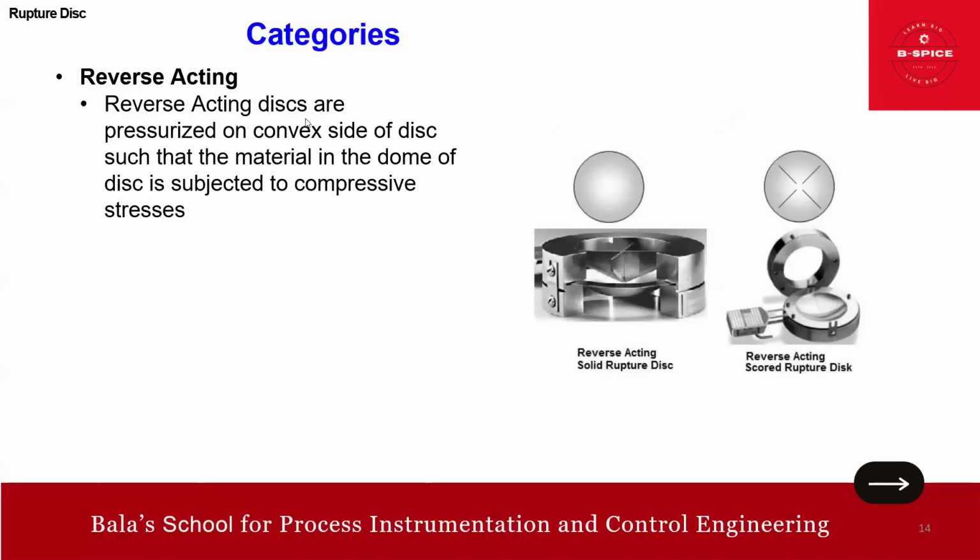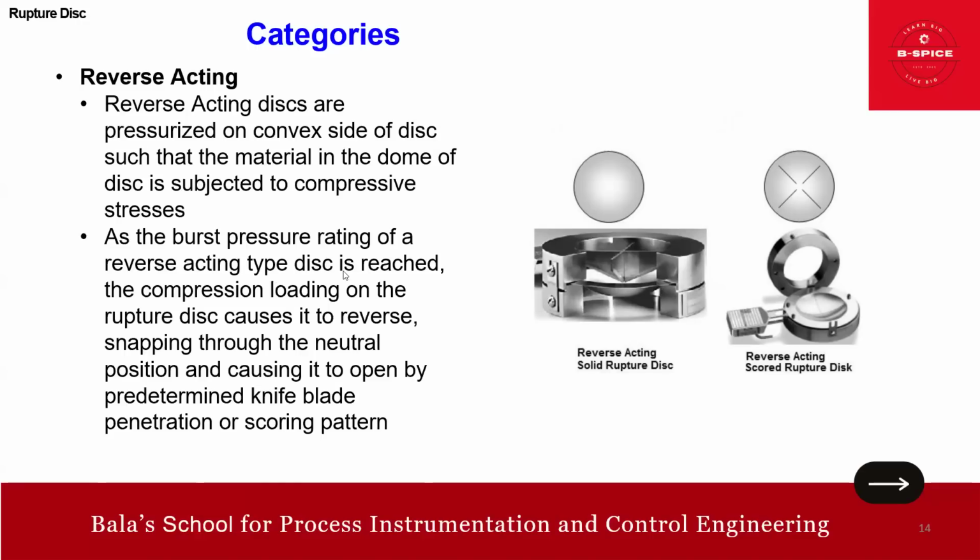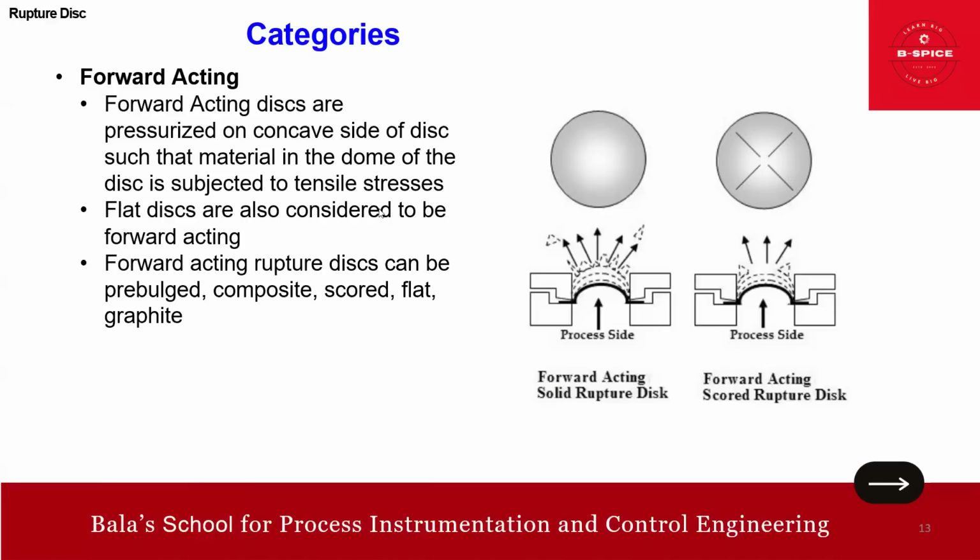The reverse acting discs are pressurized on the convex side. There it was concave, and this is convex, such that the material in the dome of the disc is subjected to compressive stress.